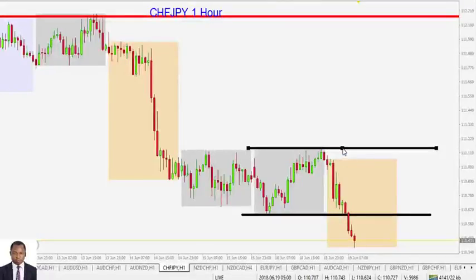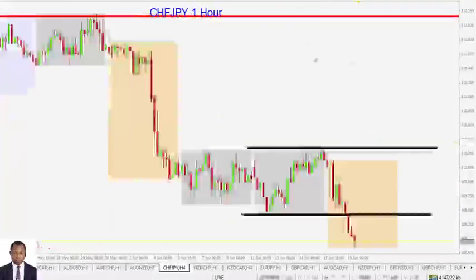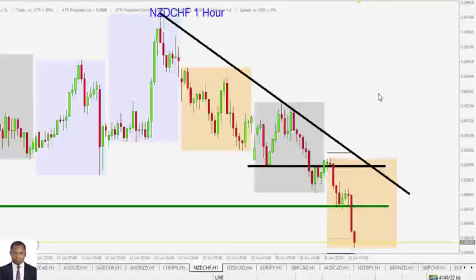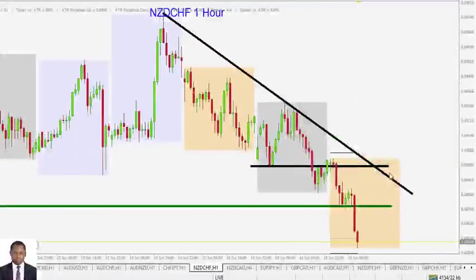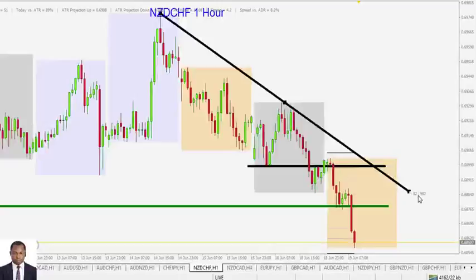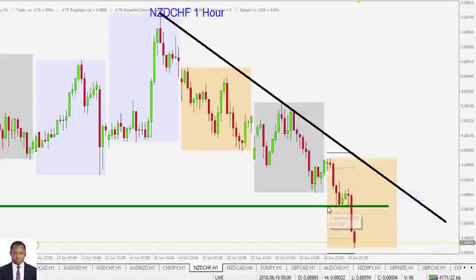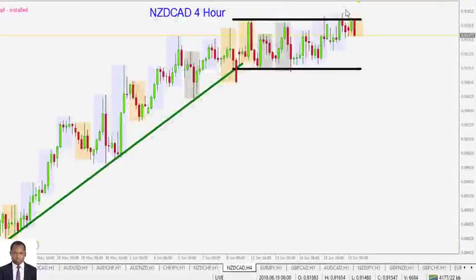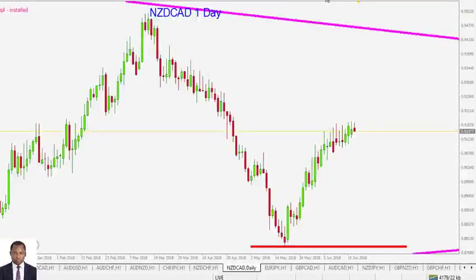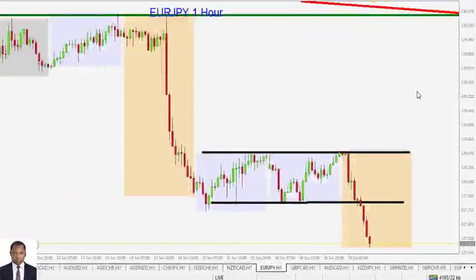Breakout from congested area. We'll be following this again to see if we can find possible entries today. Intra-day entries. New Zealand dollar against the Swiss franc. New Zealand dollar against the Canadian dollar. Very ugly one here. Let me not waste my time.